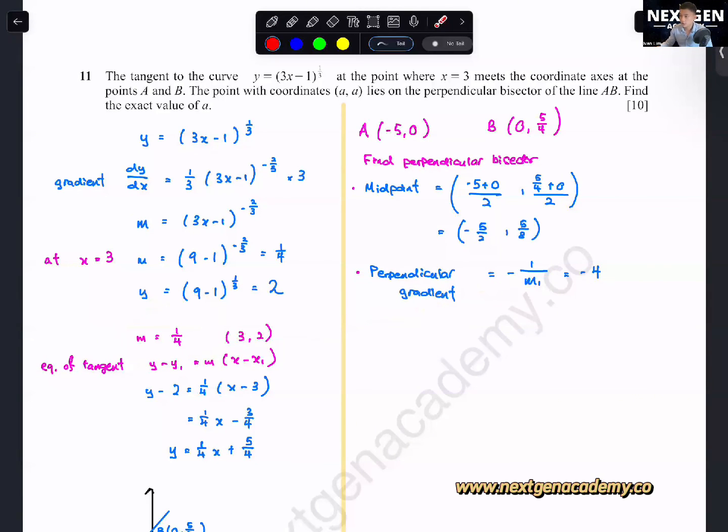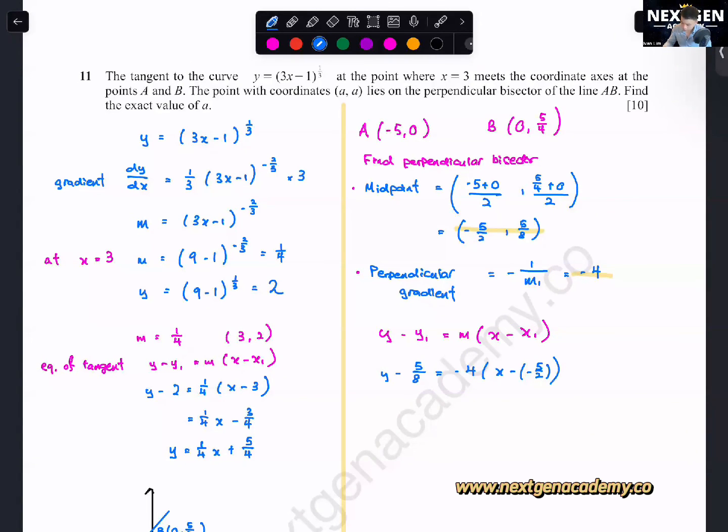After I have this, I am going to put these values into y minus y1 equals m times x minus x1. So when you substitute in, y minus 5 over 8 equals, what's the m? Negative 4 times x minus negative 5 over 2.